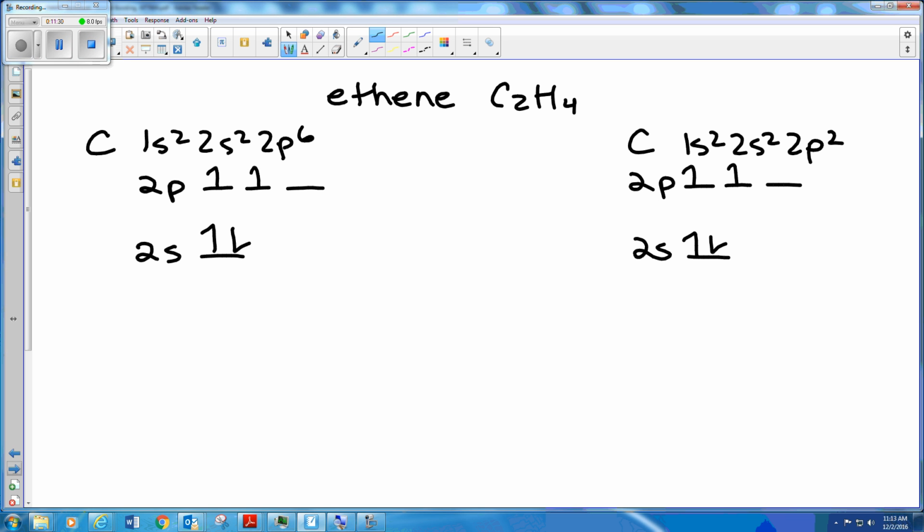This time, instead of hybridizing all of the orbitals, we are only going to take 2 of the p orbitals, and we're going to take the 1s orbital, and we're going to form 3 new hybrid orbitals called sp2 hybrid orbitals. We're going to leave one of the p level orbitals alone.